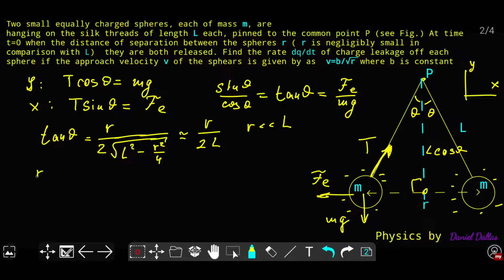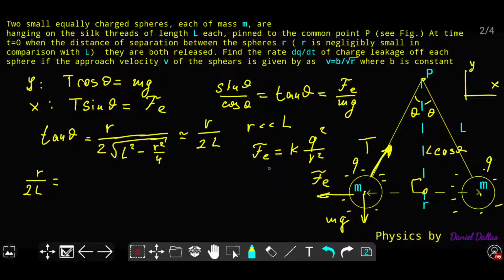So R over 2L is going to be equal to, so what about the electrostatic force of interaction between two spheres? We can express it as Q squared, or again Q, which we're not given, but we're going to use. So if we put the charge as Q, over the distance of separation. As you can see, according to the graph, the distance is between the centers. So that's why this works.